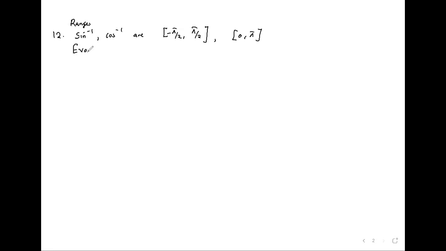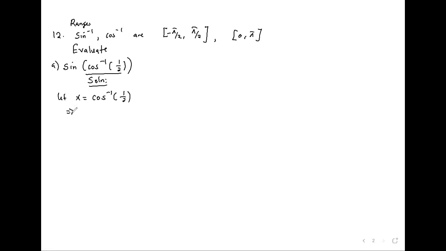Then evaluate (a) sine of cos inverse of half. So what do we do? You go inside and let the inside be x. Let x be cos inverse of half.